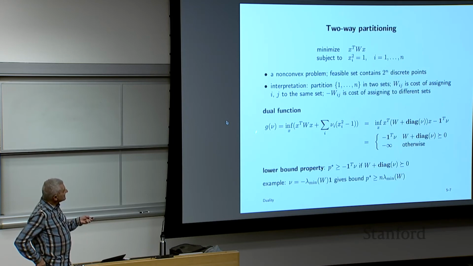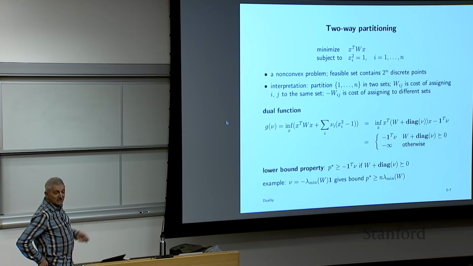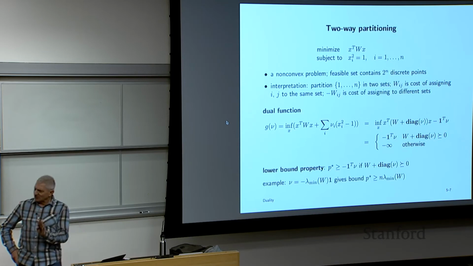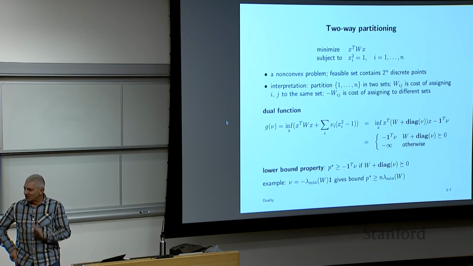So the dual function is we take the objective plus, and then I just simply add up nu i times these xi squared minus 1. And what I end up with is a quadratic form in x plus a constant. Now we're going to have a quadratic form minimization conversation. Earlier today we had our how do you minimize an affine function conversation.